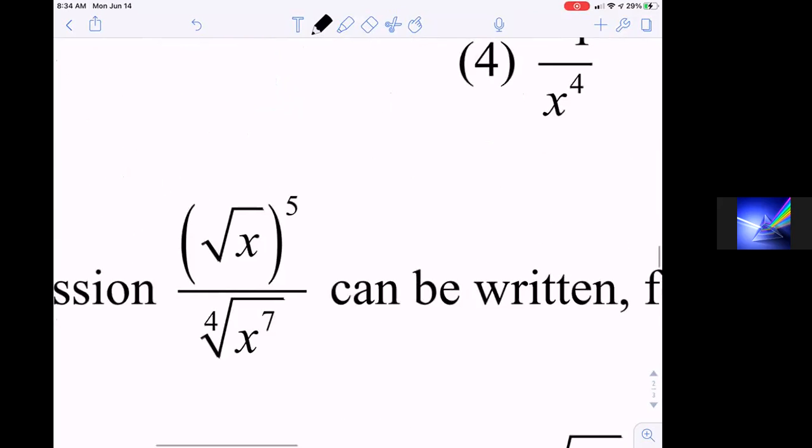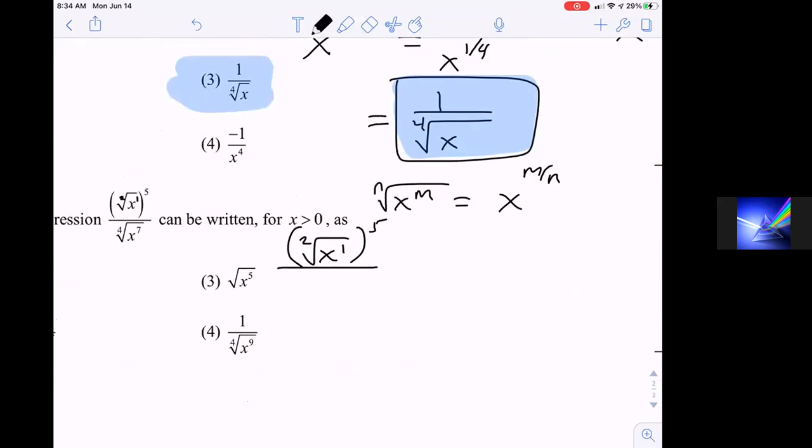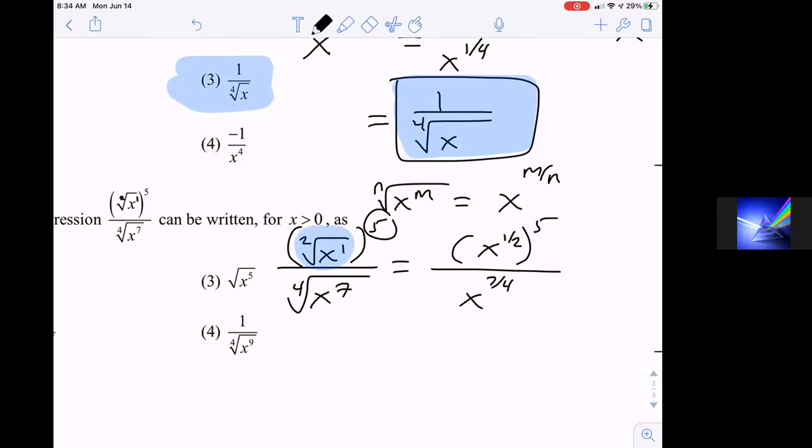You guys see what I did there? I just put a little 2 in there and I put a little 1 to remind me what m is and what n is. Helps me convert it better. Divided by, it's already written there, the 4th root of x to the 7th power. Okay, so start with the first one, take care of that. That's the same as x to the 1/2 power raised to the 5th power all over x to the 7/4 power.